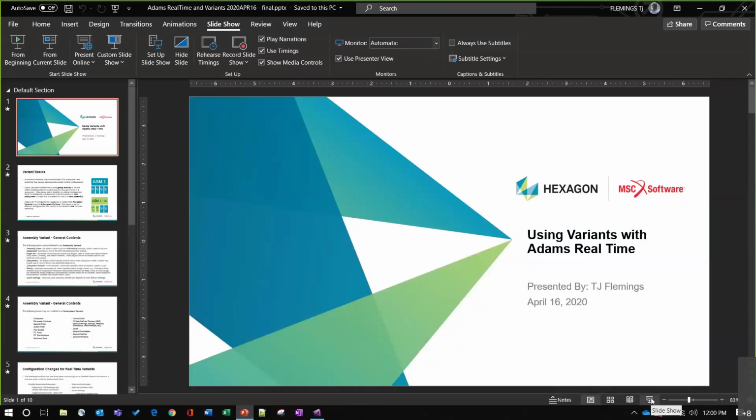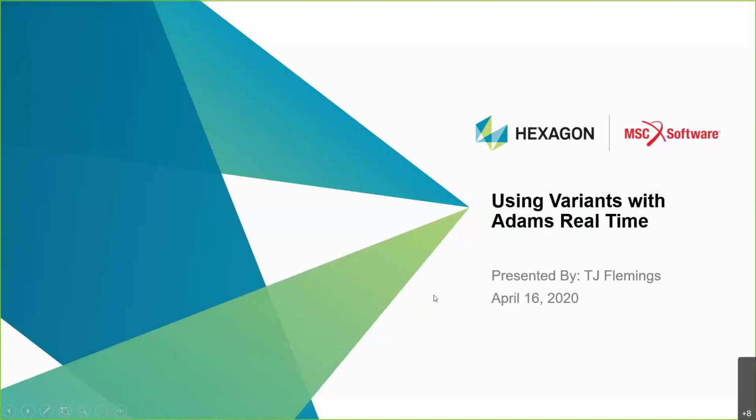As you can see from the title of this slide, I'll be talking about how to use variants with Adams real-time. For those who are not familiar with the concept of variants in Adams Car, the concept here is that vehicles, when they're engineered by OEMs, are not just single configurations.